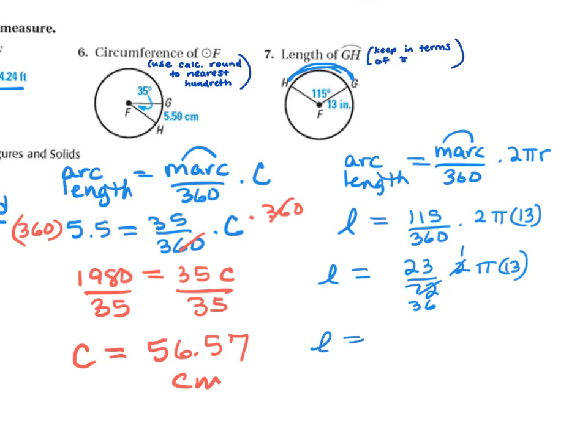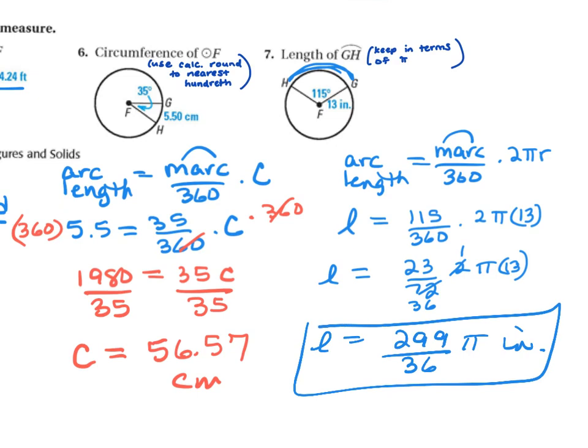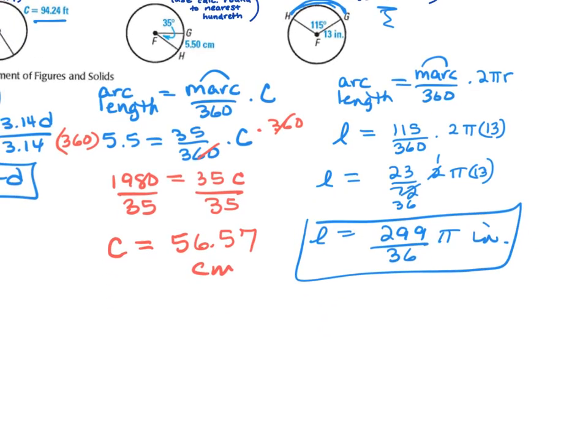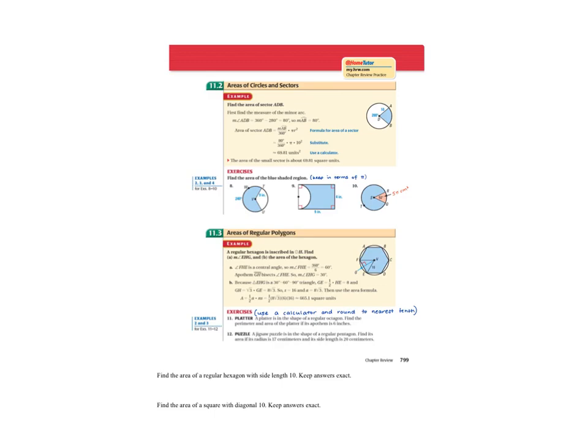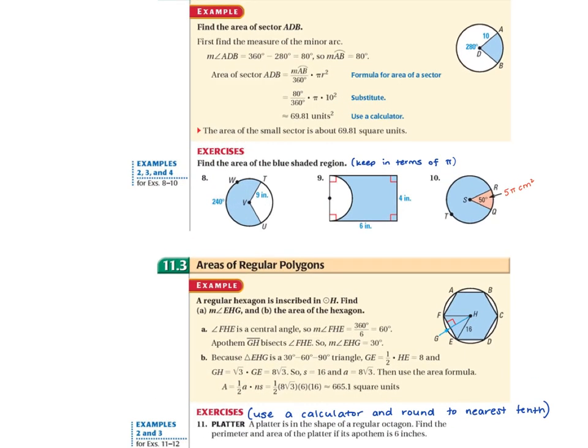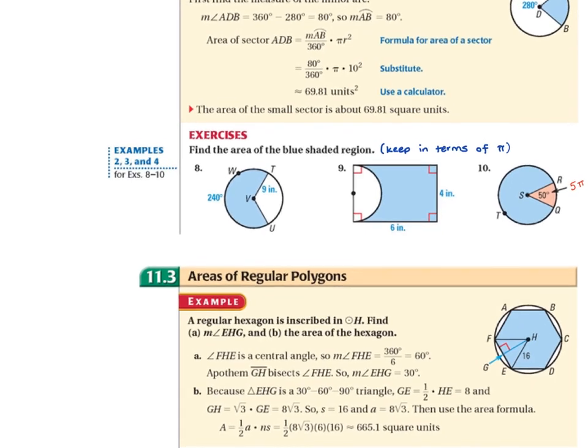So 23 times 13 is 299 over 36. These are pi inches. It said to keep it in terms of pi. For number 8 and 9, we're going to keep it in terms of pi. Actually, all three. We're leaving all three in terms of pi. So let's do number 8.